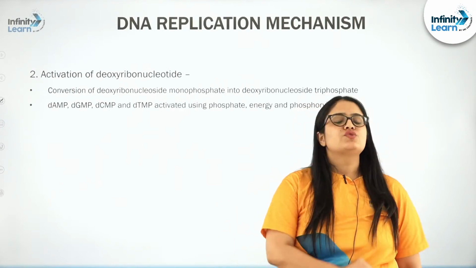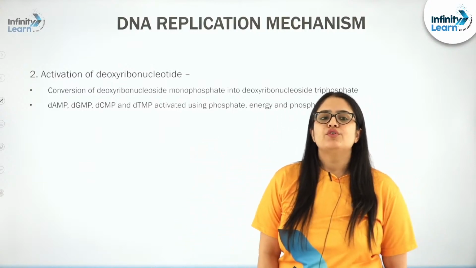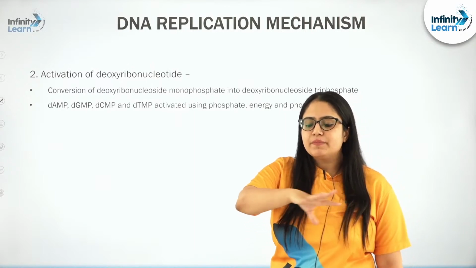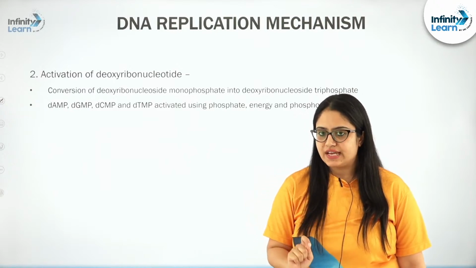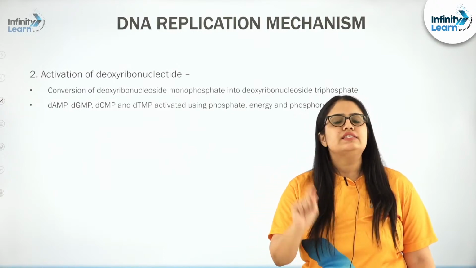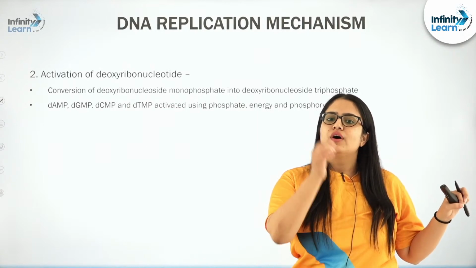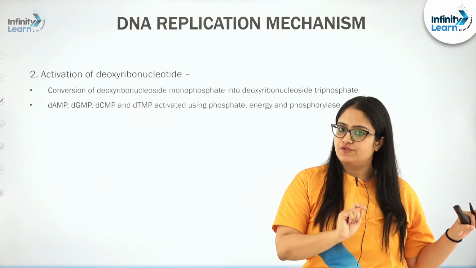Next, second thing that you need to understand is the activation of deoxyribonucleotide. ध्यान से सुनना स्टूडेंट्स, क्या होगा, अब जितने भी deoxyribonucleotides हैं वो सारे के सारे deoxyribonucleotides will try to get converted into deoxyribonucleoside triphosphates, right.